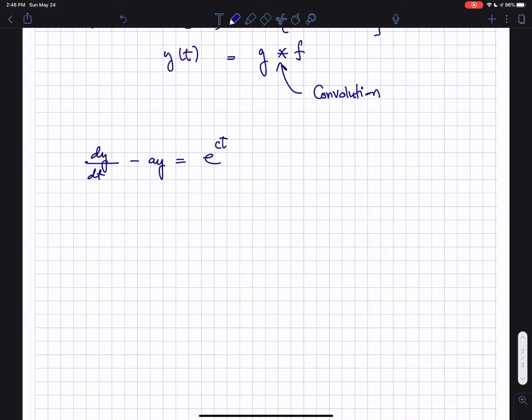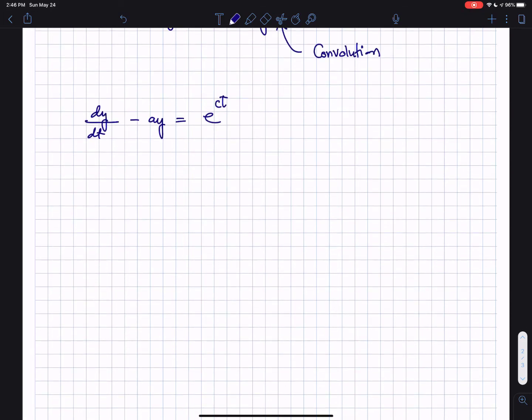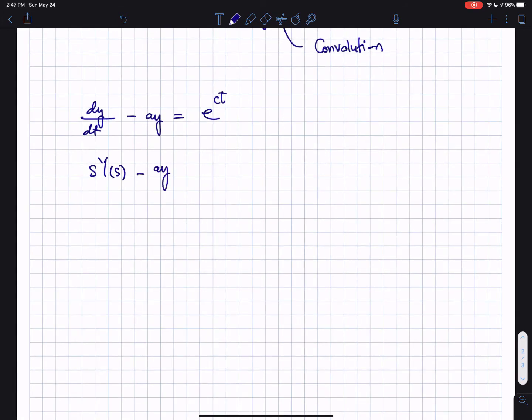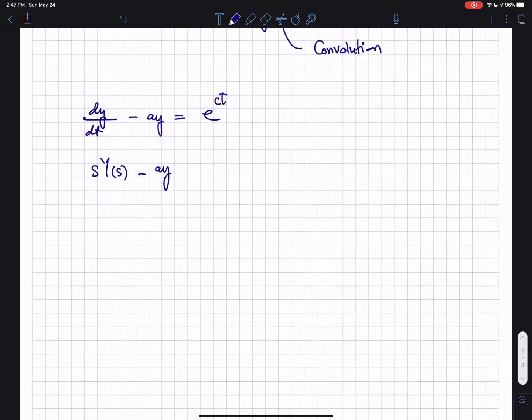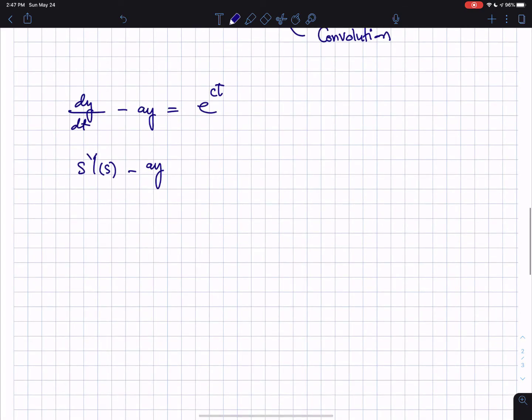So let's look at this differential equation, and let's take the Laplace transform of it. So you get s y of s minus a y of s equals the Laplace transform of e to the ct, which is 1 over s minus c.